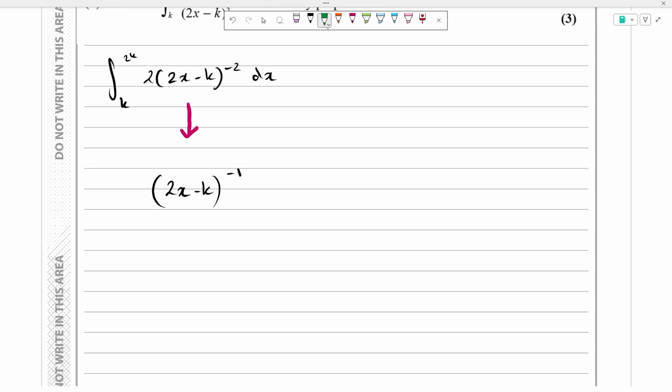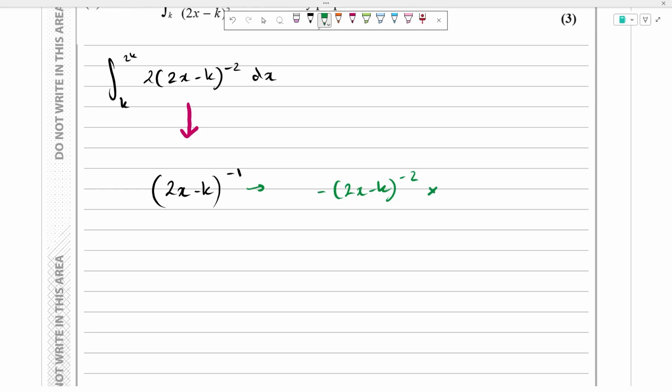But now I'm going to double check, does this function differentiate back to this one here? So let's check that. This would differentiate to minus 1 times our function to the power of minus 2. Cool. I'm just going to keep it as a minus.